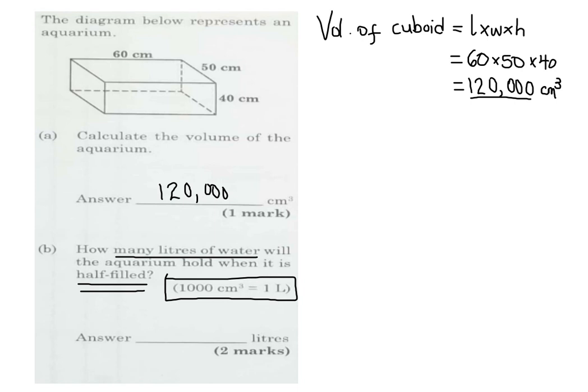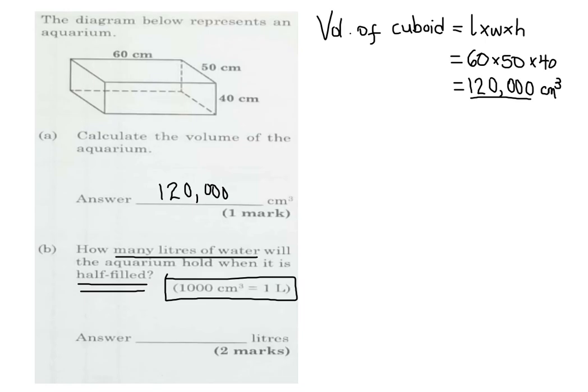And the first thing that we have to figure out is how we're going to approach this question. Now, we could do this one of two ways. One, we could convert our volume from cm cubed straight to liters and then just find half of that, which might sound very simple and easy.